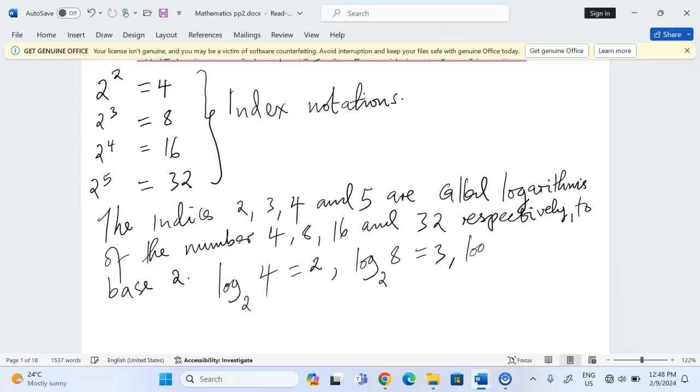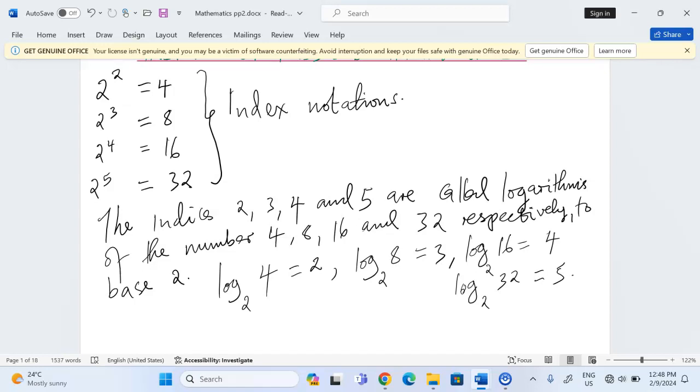Again, the logarithm of 16 to base 2 is equivalent to 4. The logarithm of 32 to base 2 equals 5. Therefore, the indices are the logarithms.